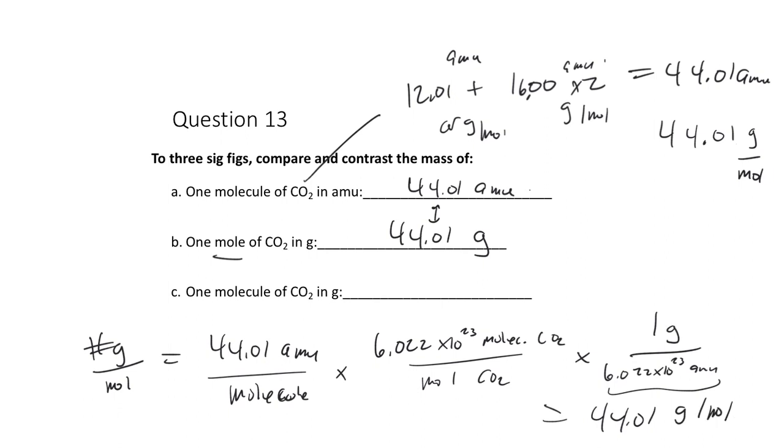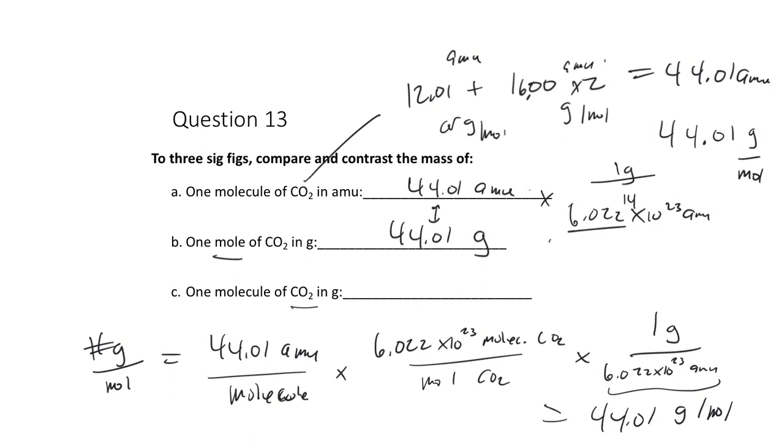And so then what's the mass of 1 molecule of CO2 in grams? Well, let's just do the conversion factor, 6.022. This is rounding it to 4 sig figs, but that's good for most of our problems. If we want to go further, it's 6.02214 times 10 to the 23 AMU per 1 gram.